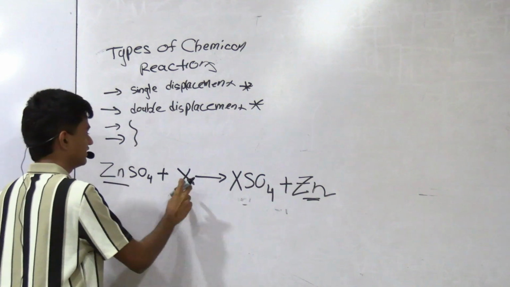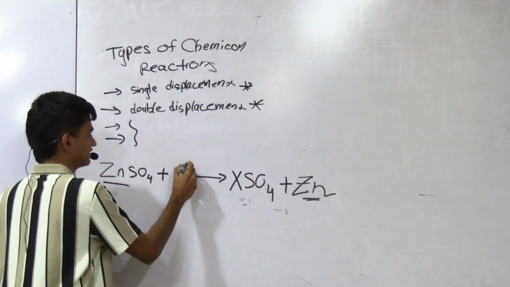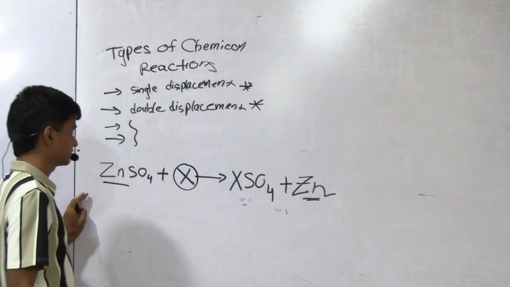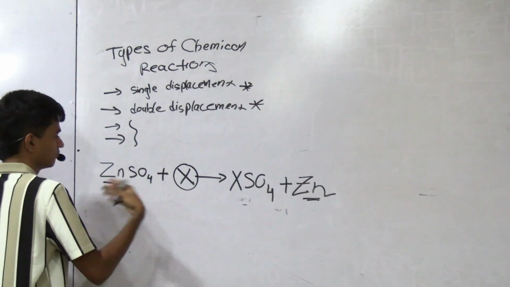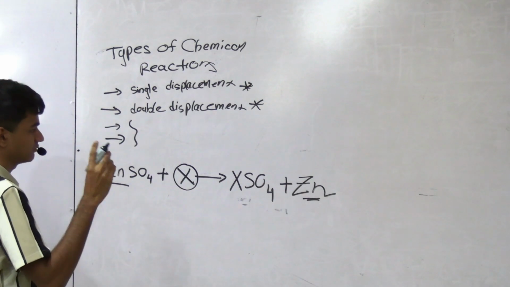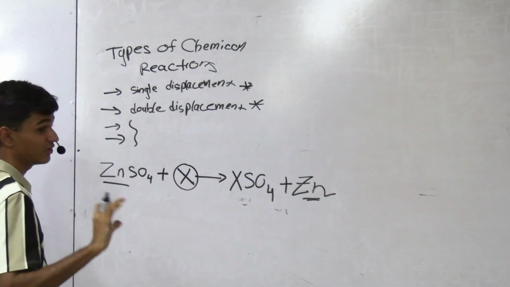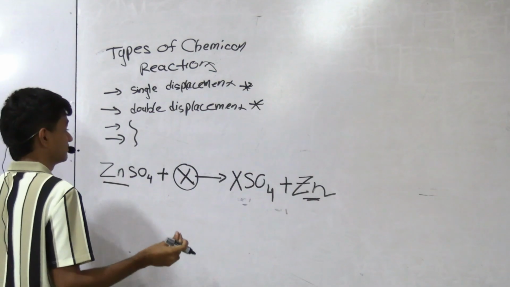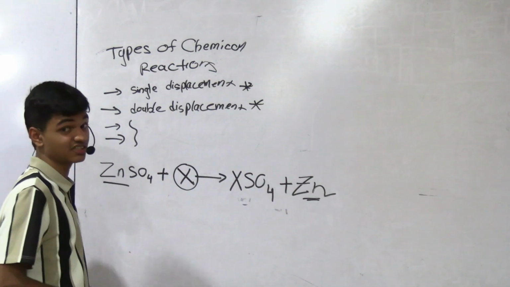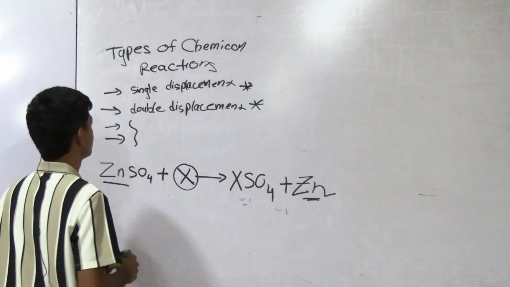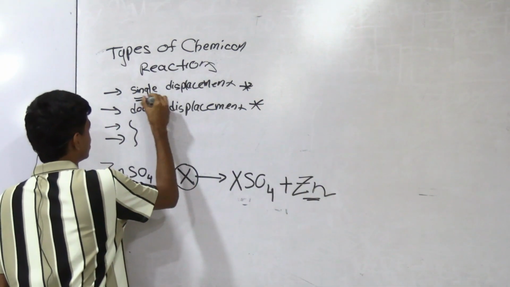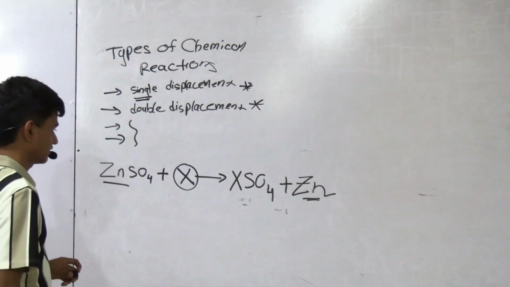So here X acted as only a single entity. It kicked out zinc, bonded with sulfate, and zinc became all alone. So basically zinc became single. So we know it's a single displacement reaction.